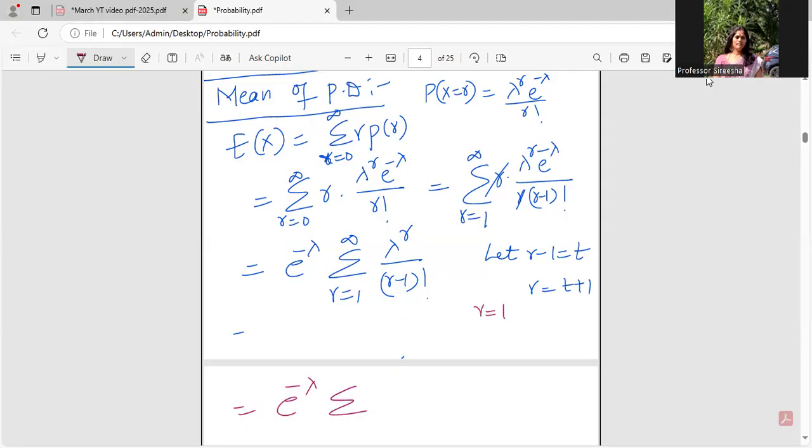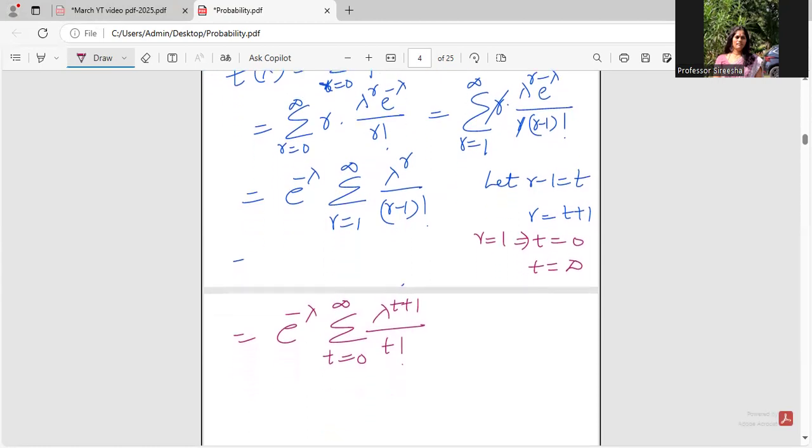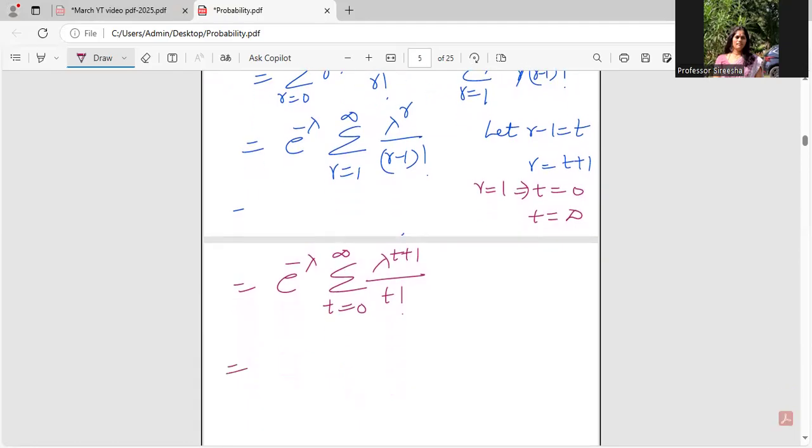If r is equal to 1, t would be 0, and t goes to infinity only. So t is starting from 0 and ending at infinity. Lambda power r becomes lambda power t plus 1, and r minus 1 becomes t factorial, right?